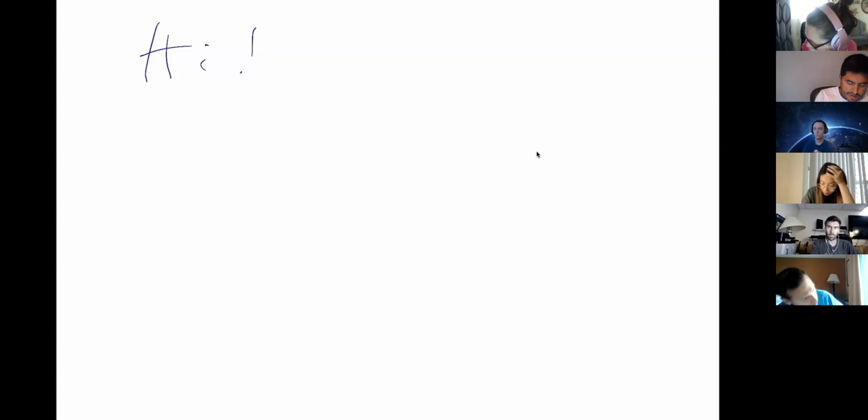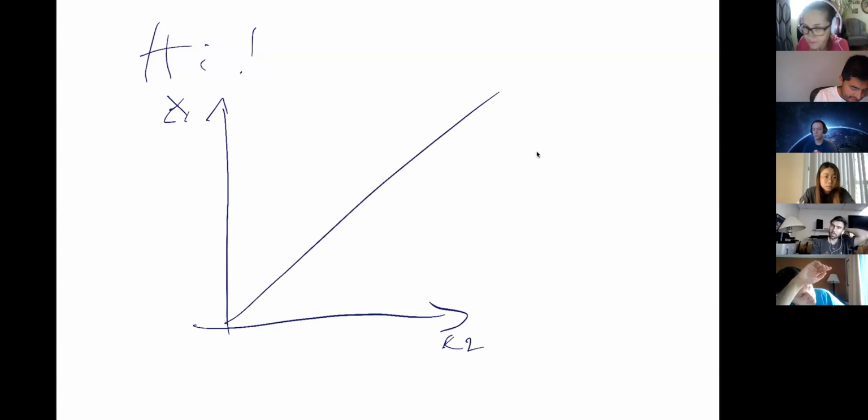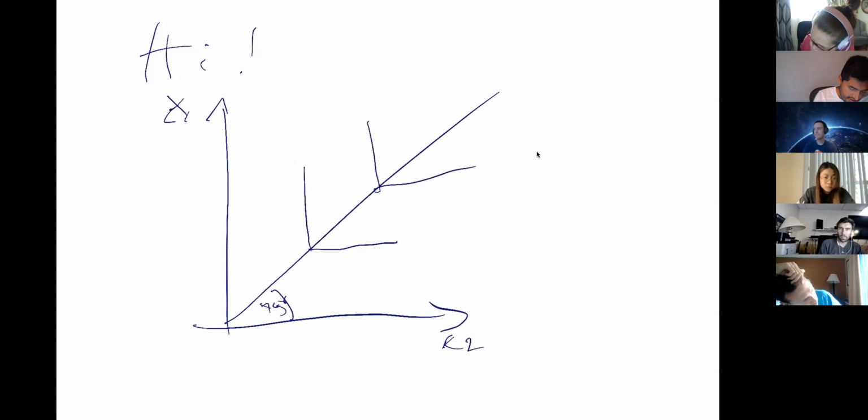Yeah, but it's not really a violation of concavity, right? For instance, let's say I draw the indifference curves of this thing. X1, X2, and what I'm saying is this is the minimum of X1, X2, right? So I draw 45-degree lines, and then essentially I have these indifference curves.